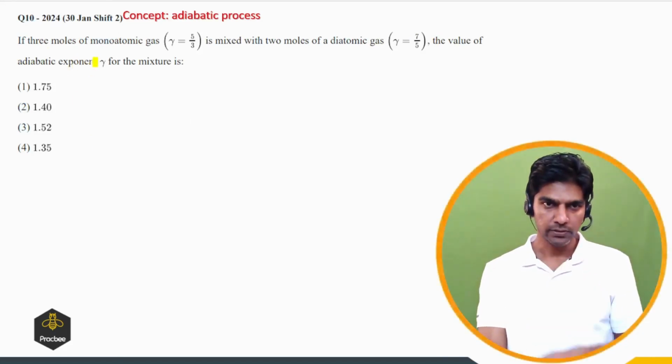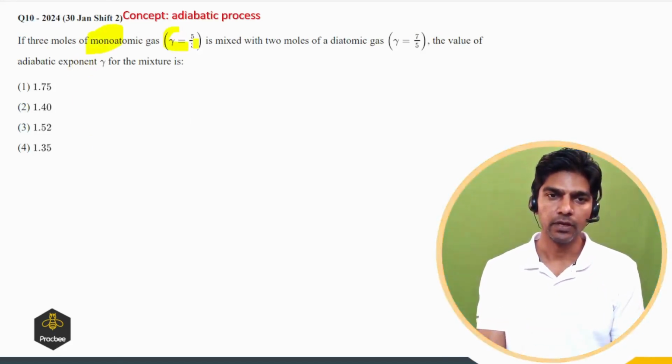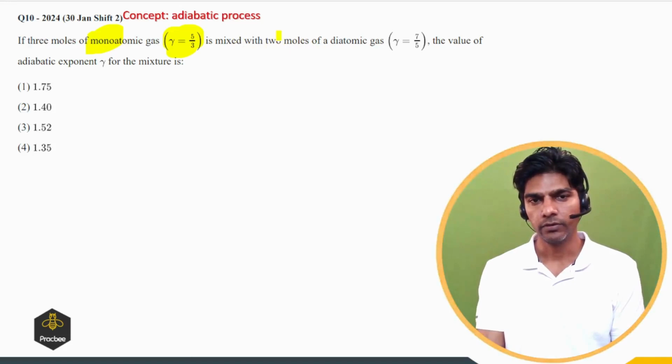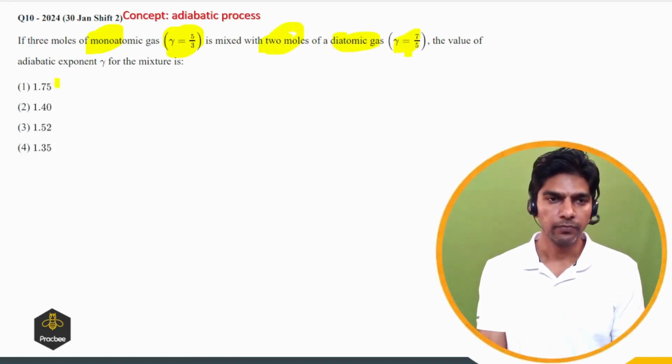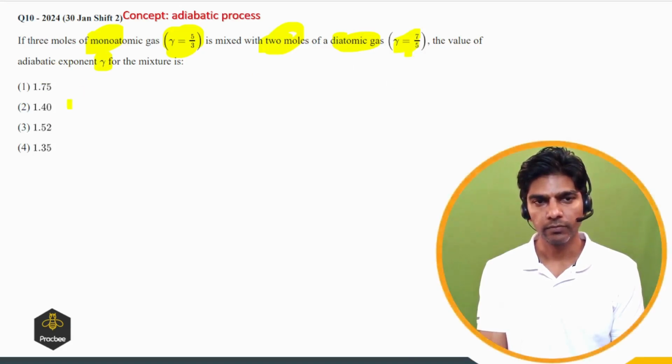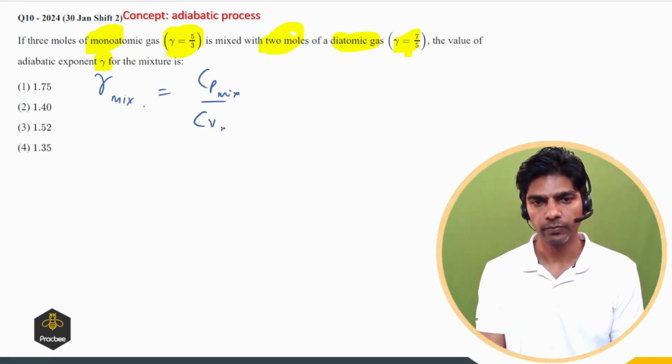If 3 moles of a monatomic gas are mixed with 2 moles of a diatomic gas, find the value of the adiabatic constant gamma for the mixture. That is nothing but Cp of mixture divided by Cv of mixture.